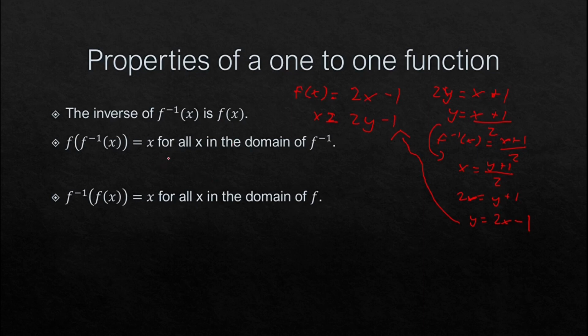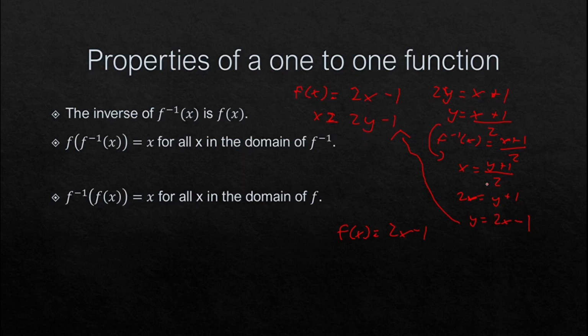And here, f of f negative 1 of x is equals to x for all x in the domain of f negative 1. So what this means, let's use this example again. F of x is equals to 2x minus 1. The value of x here is the inverse.